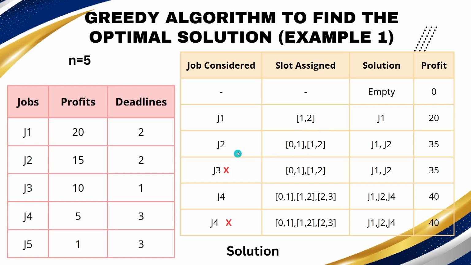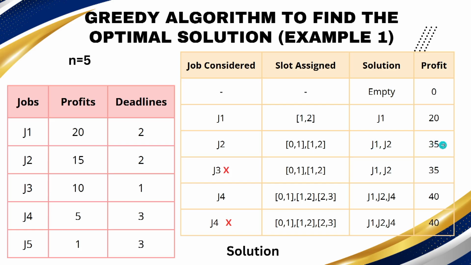So, I am assigning job 2 to the first available time slot. By now our schedule has 2 jobs: during the first slot I will be running job 2 and during the second slot I will be running job 1, and the total profit gained so far is 20 plus 15, which is 35.